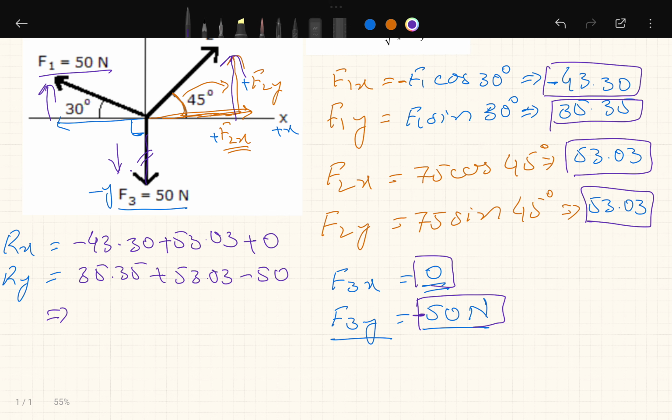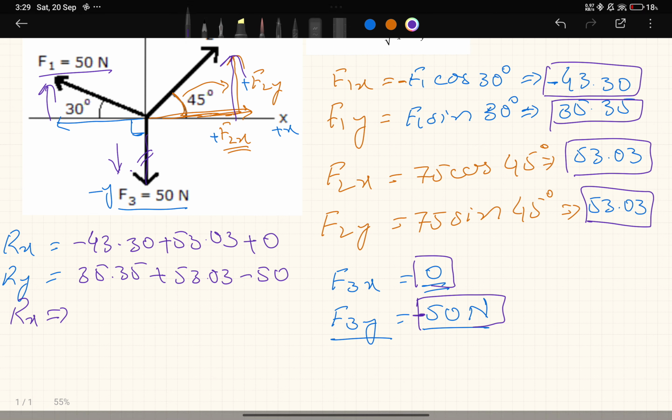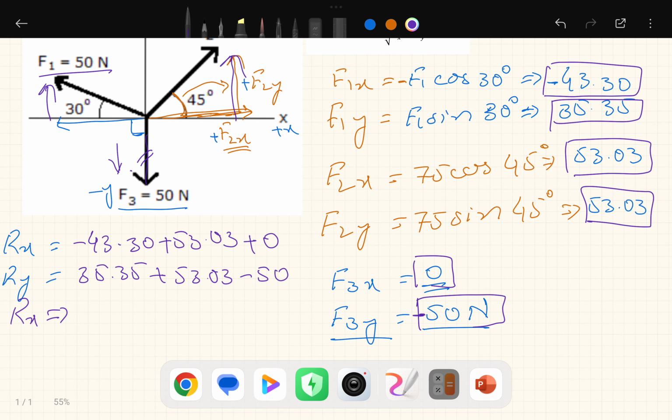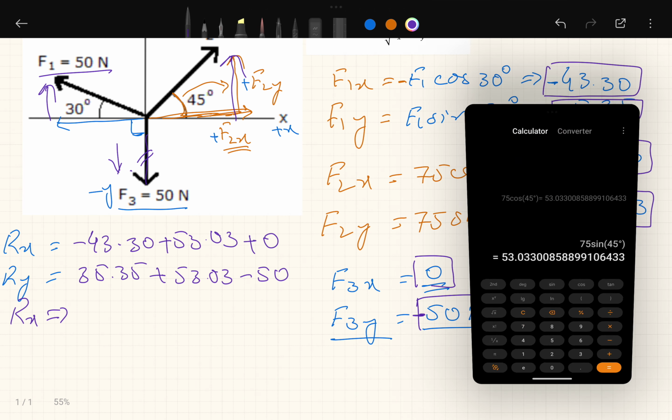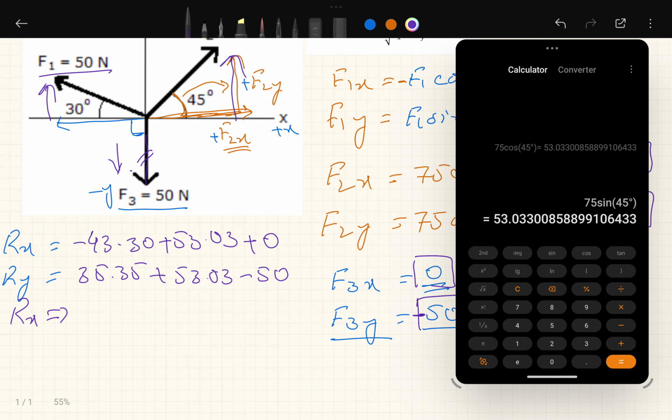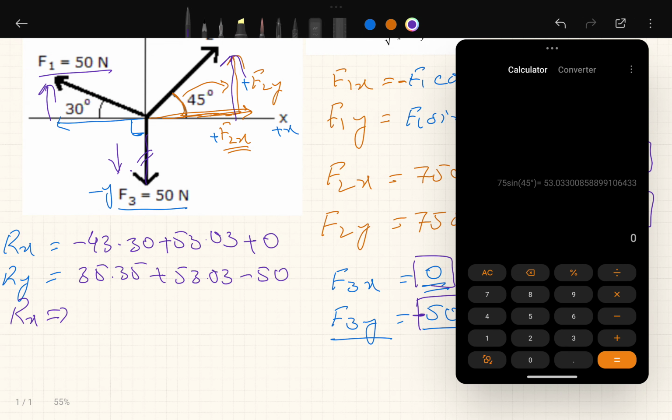So let's calculate the x and y components. Our Rx becomes equal to negative 43.30 plus 53.03, plus 0, so it's again 0.